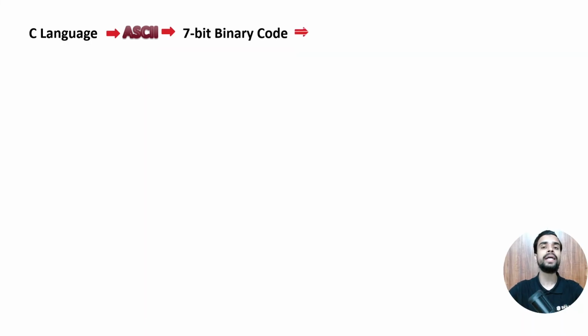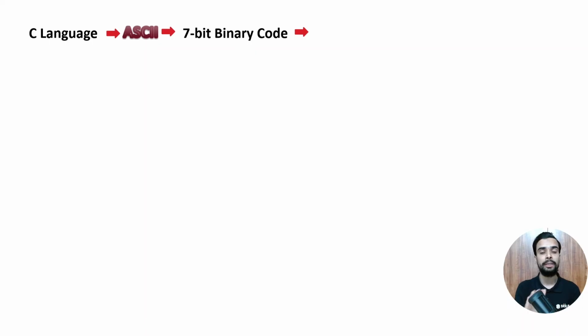Next, even before we dwell into Java and see whether Java follows the ASCII format or not, one of the prominent languages, the C language, definitely follows the ASCII format to handle the character type of data. And we have just now realized that ASCII happens to be a 7-bit binary code. Now, please do not assume that for a character within your C program, 7 bits would be allocated on the RAM.